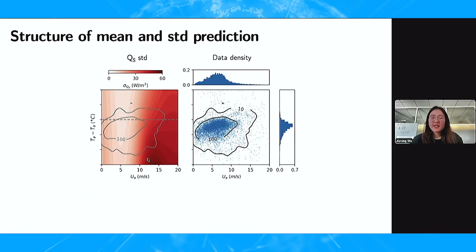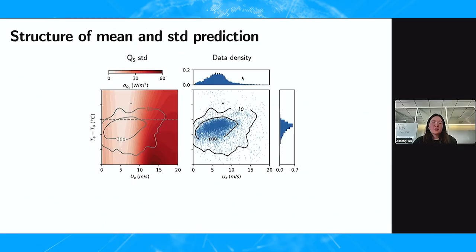So we see generally at higher wind speed, especially above 15 meters per second, there's higher uncertainty. But also on the low wind speed side. And it's asymmetric for positive or negative temperature difference, corresponding to different stability regimes.